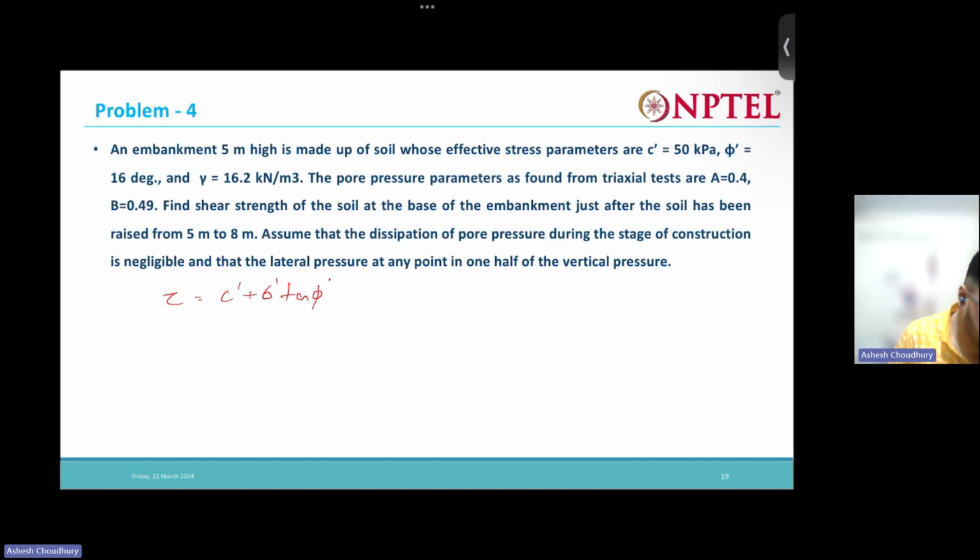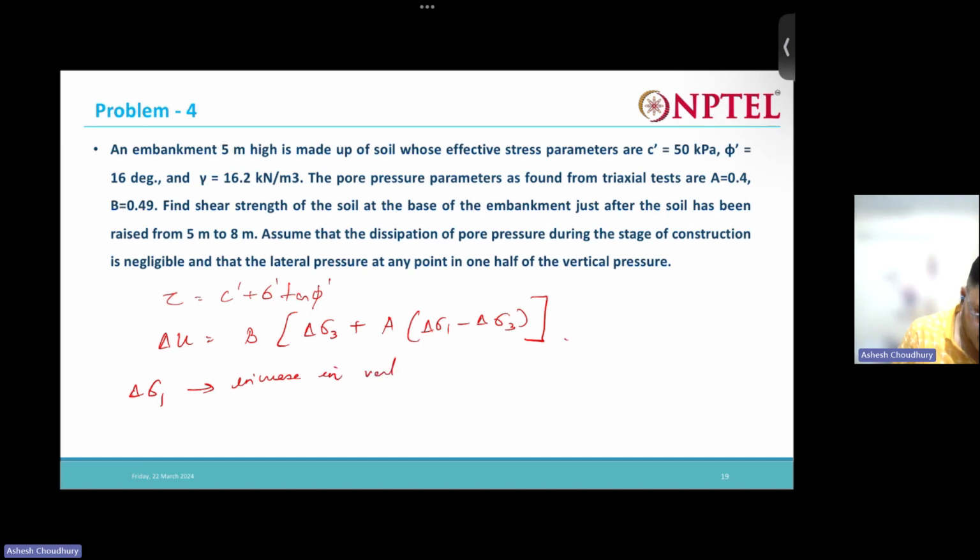Okay, now what is delta u? Right, now delta sigma 1 is what? Increase in vertical stress. So increase in vertical stress, 3 meter we are increasing, 3 into 16.2 or 48.6 kPa.